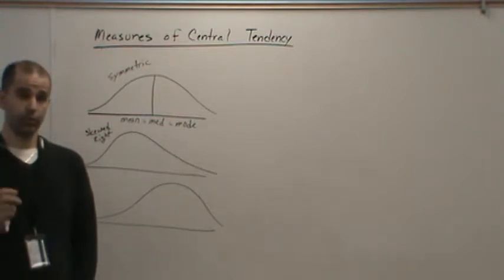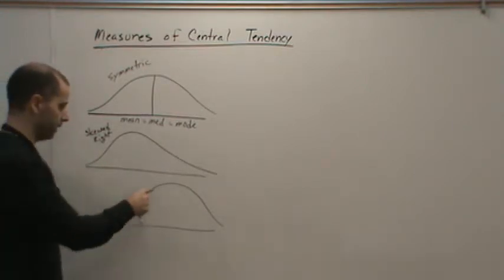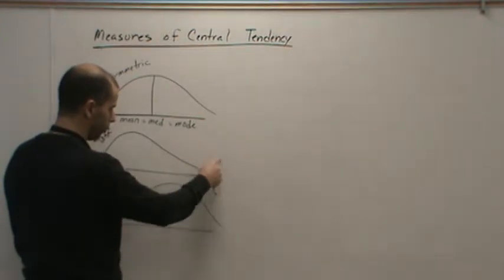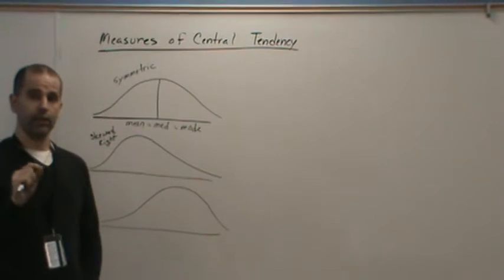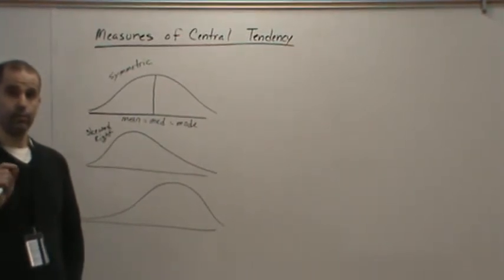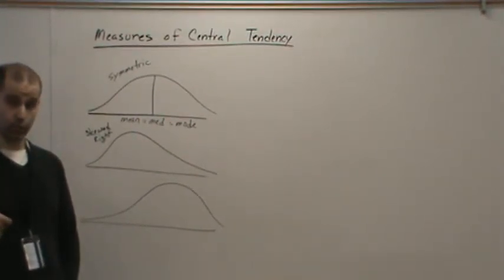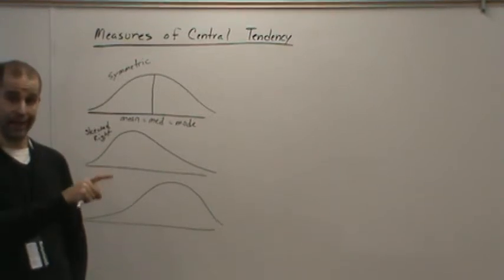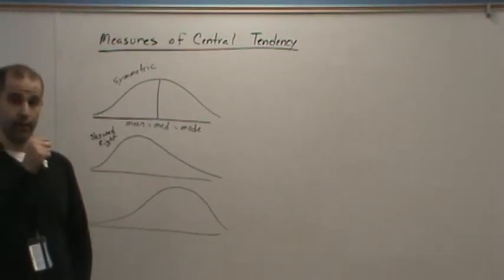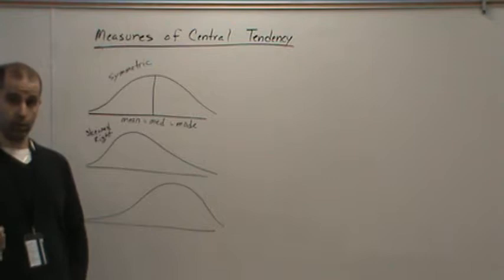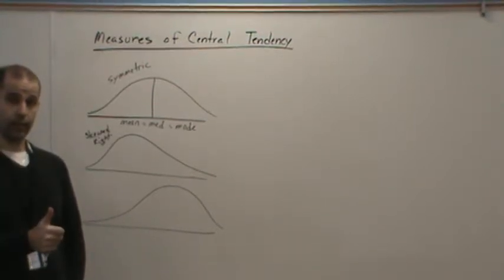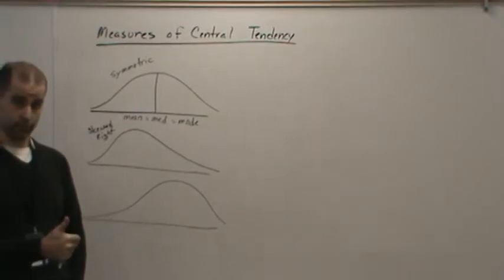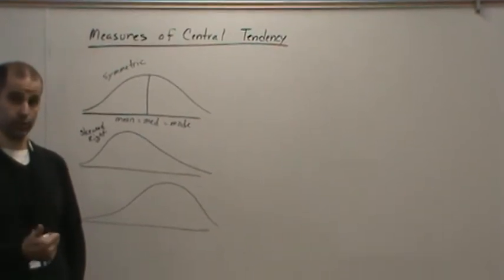So if we have skewed right, so that means we have some values over here that are really big, so it's skewed that way, okay? The mean is more affected by the skewness, which means it's going to be pulled more in that direction, okay, than either the median or the mode, okay? So the mean is the most sensitive. It's affected the most.